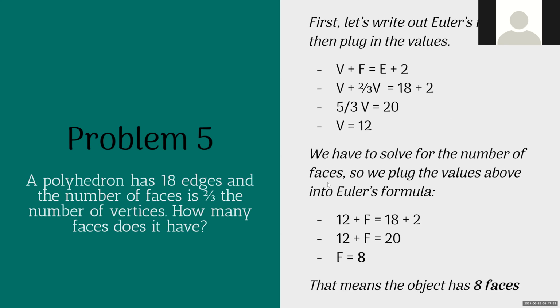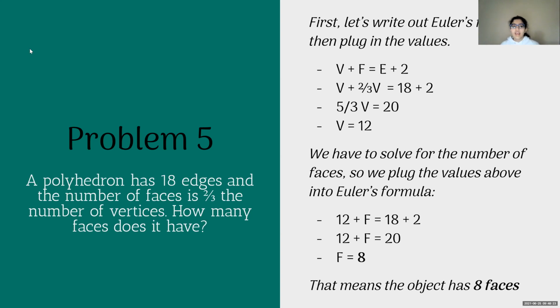Okay, so problem number 5. We did not get to Euler's formula yesterday, so I shall just explain this rather than asking you to do it step by step, because I do know that many of you probably did not look at the slides after class. First, let's write out Euler's formula: vertices plus faces equal the edges plus 2.